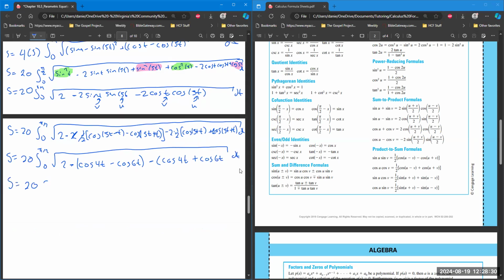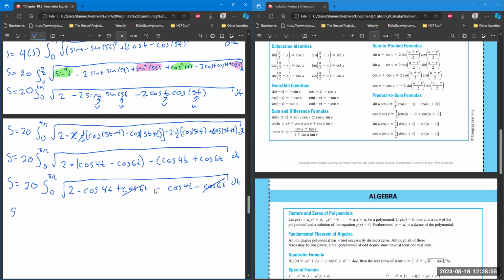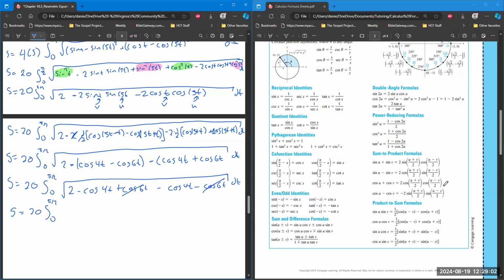S equals 5, 0 to pi over 2 square root of 2 minus cosine 4t plus cosine of 6t minus cosine of 4t minus cosine of 6t, and this zero each other out, and I'm left with s equals 5, 0 to pi over 2 of square root of 2 minus 2 cosine of 4t.